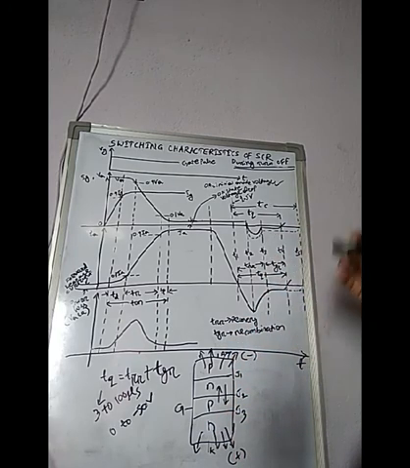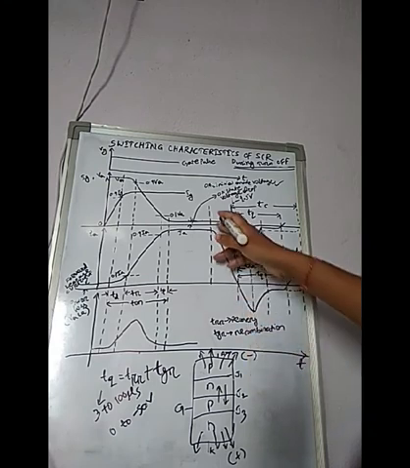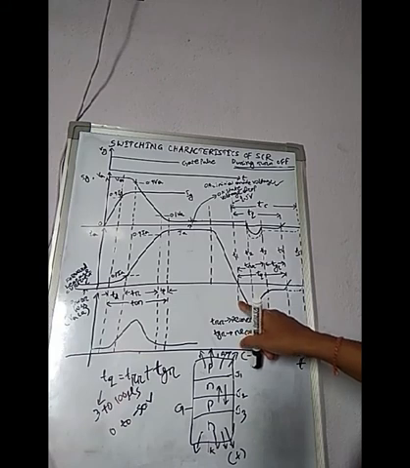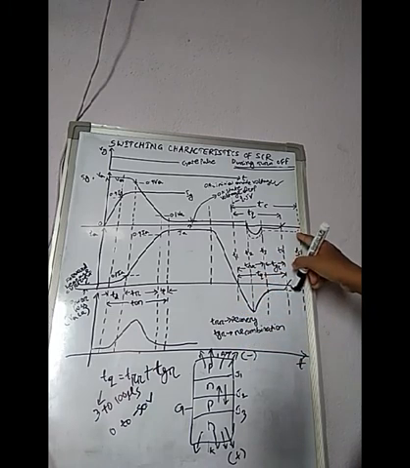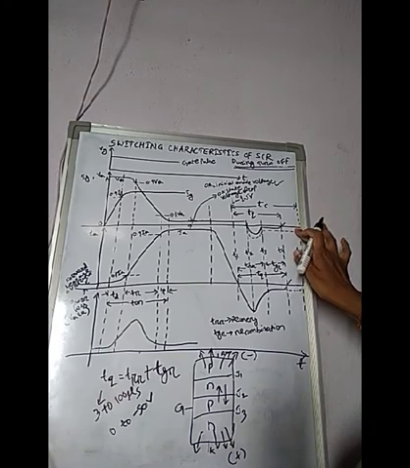The circuit turn off time is defined as the time between the instant the anode current becomes 0 and the instant the reverse voltage due to the practical circuit reaches 0.